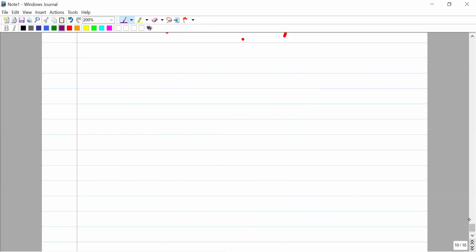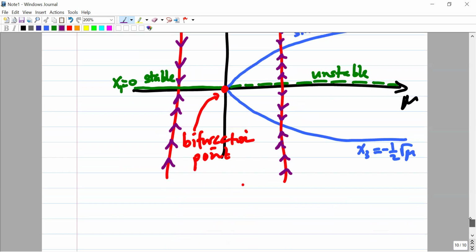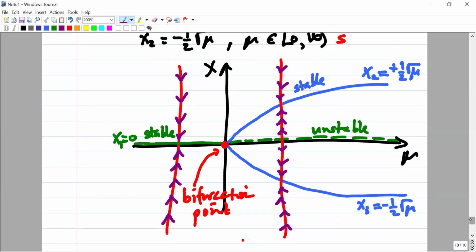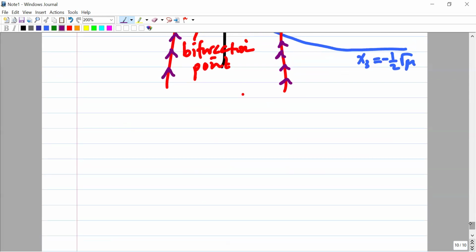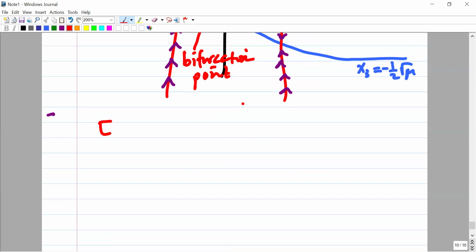So this is pitchfork bifurcation. So I will draw a pitchfork bifurcation. It will be interesting if you can also, as an exercise, try to draw the bifurcation diagram for dx/dt equals mu plus, now this one would not work.